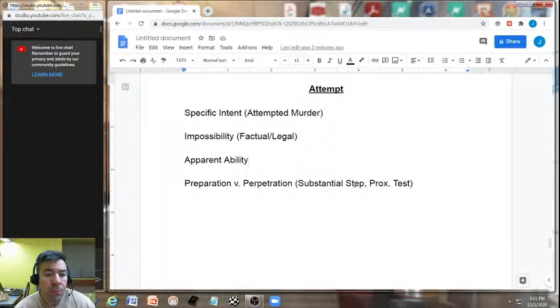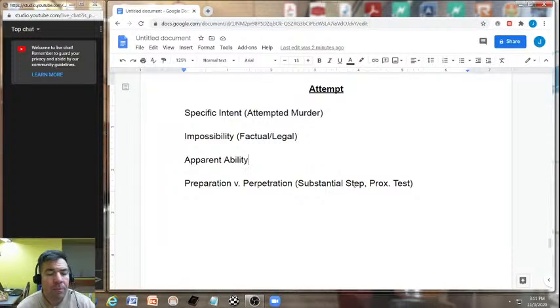The Model Penal Code provides the substantial step test. Has the defendant gone from mere preparation to actually perpetrating the crime, and therefore taken a substantial step in the commission of the crime?